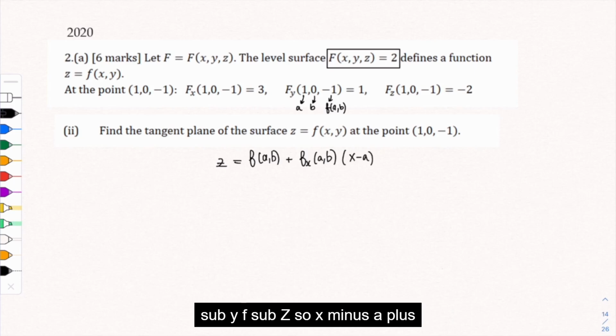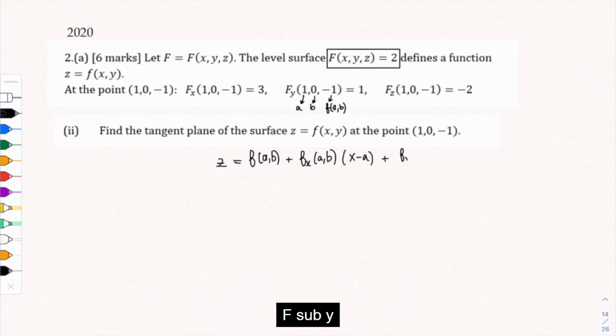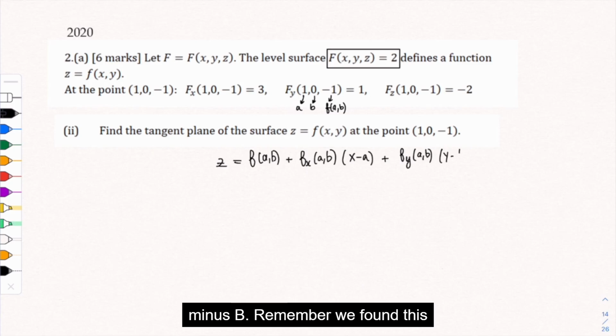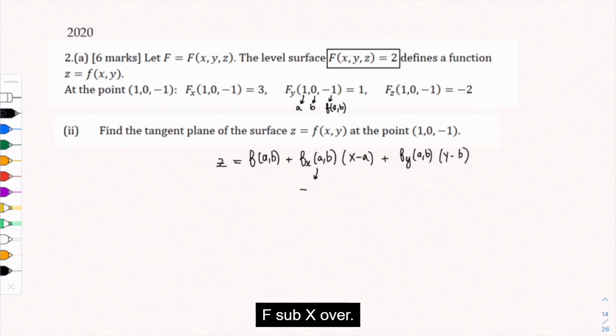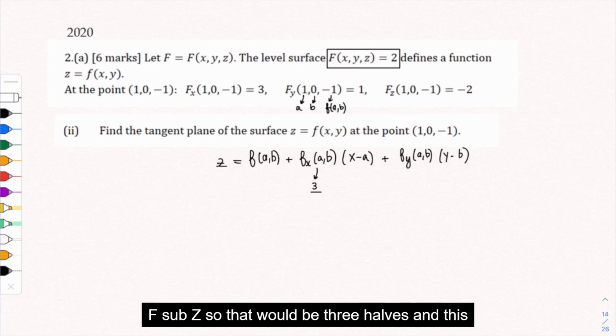So x minus a plus f sub y at (a,b) times y minus b. Remember, we found this in a previous problem. This is minus f sub x over f sub z, so that would be 3/2.